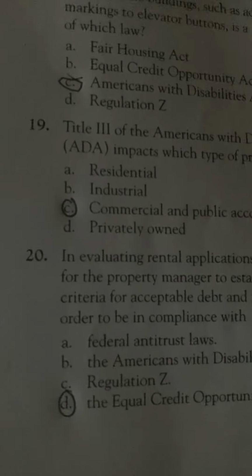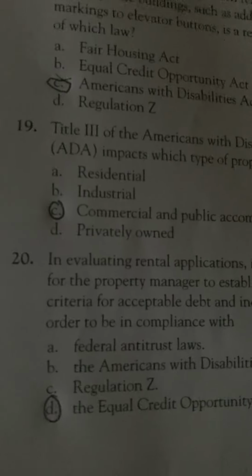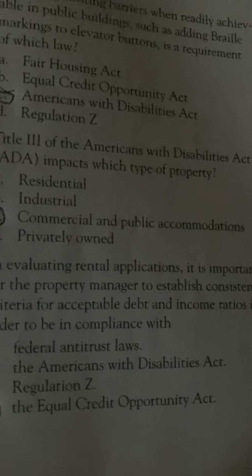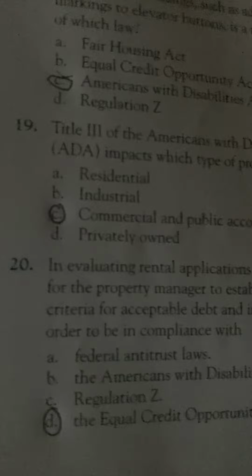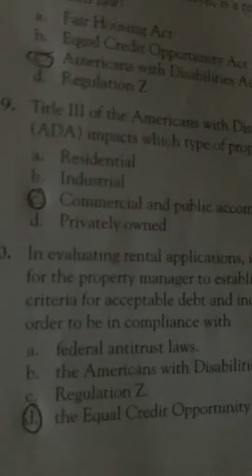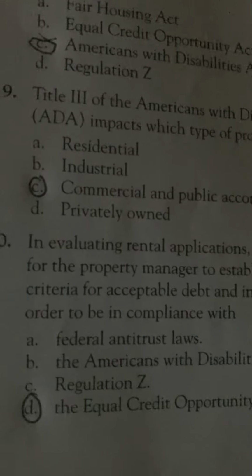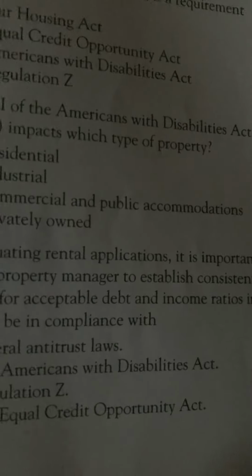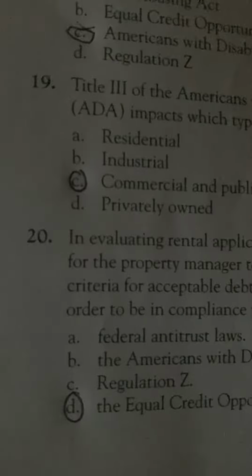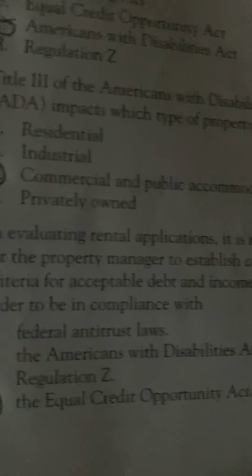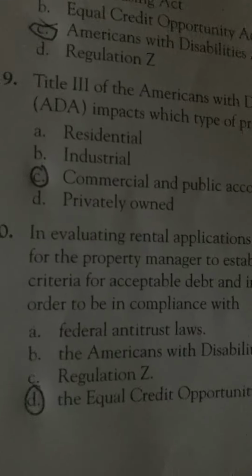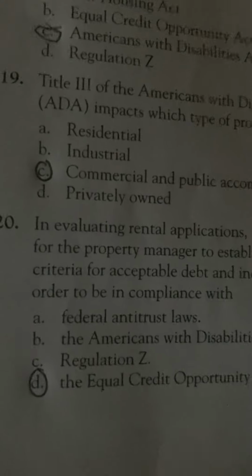And lastly, number 20. In evaluating rental applications, it is important for the property manager to establish consistent criteria for acceptable debt and income ratios in order to be in compliance with A, federal antitrust laws.